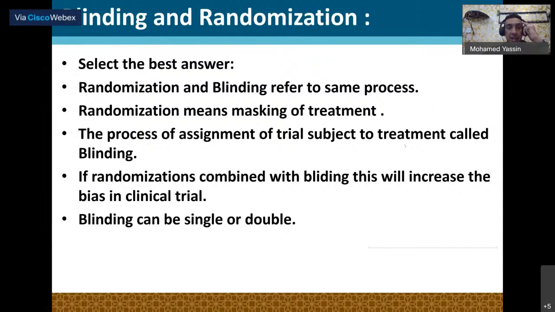Number three, the process of assignment of trial subjects to treatment is called blinding. Number four, if randomization is combined with blinding, this will increase the bias in clinical trials. Number five, blinding can be single or double. Can you select the best answer, please?